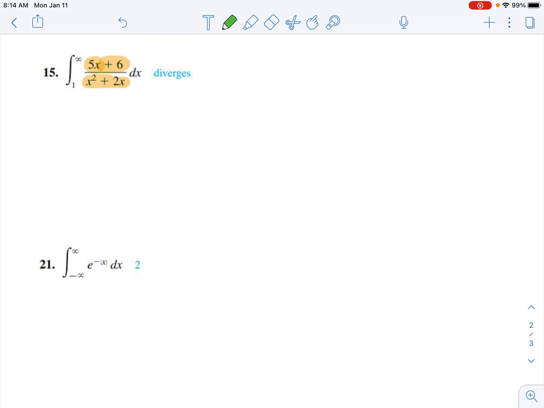So we have A over x plus B over x plus 2 equals 5x plus 6 over x squared plus 2x. Then we multiply it through by the LCD, and we get A times x plus 2 plus B times x equals 5x plus 6.